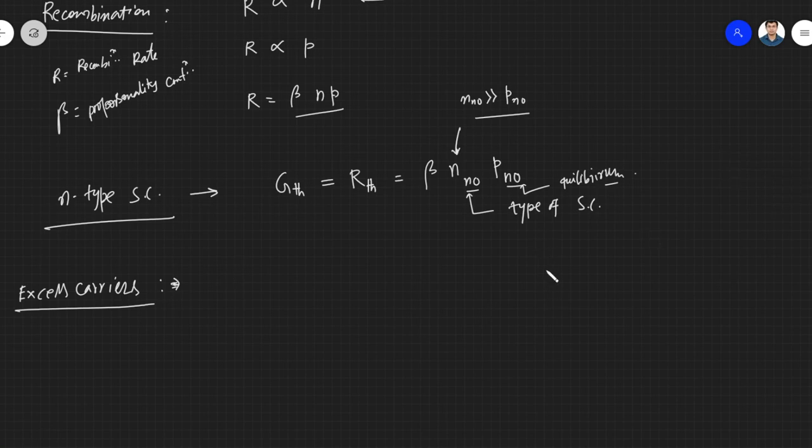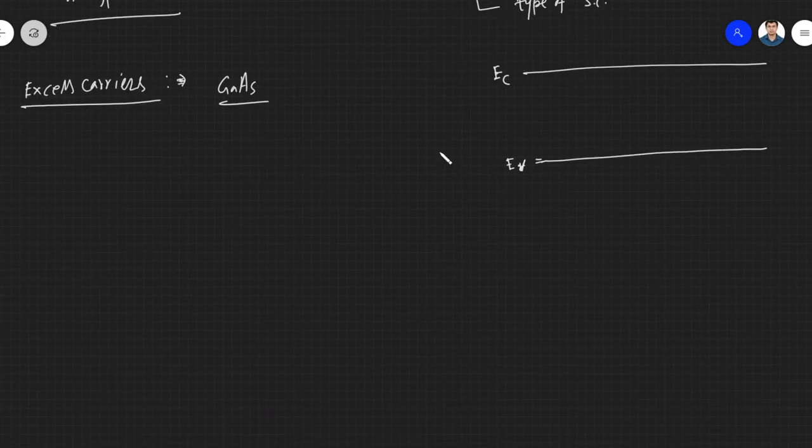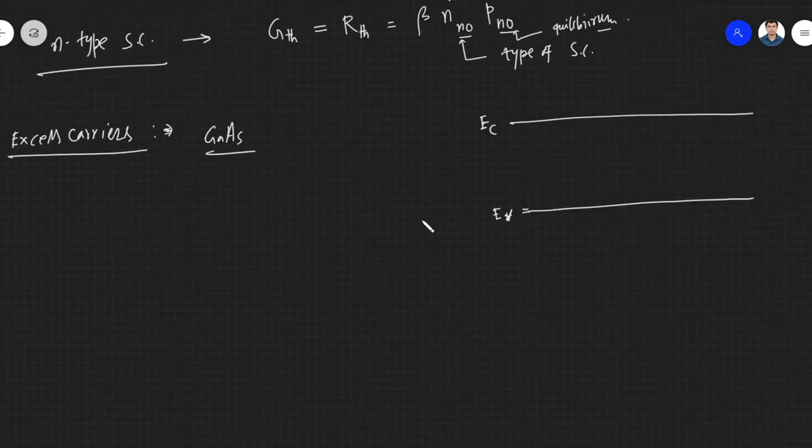For this we'll take an example of gallium arsenide. Let's draw its band diagram. We have the valence band and the conduction band, and this is the band gap energy. Let's talk first about the generation rates from excess carriers.